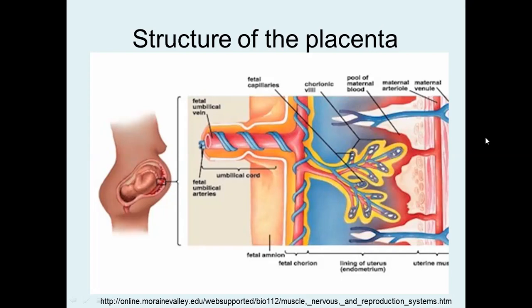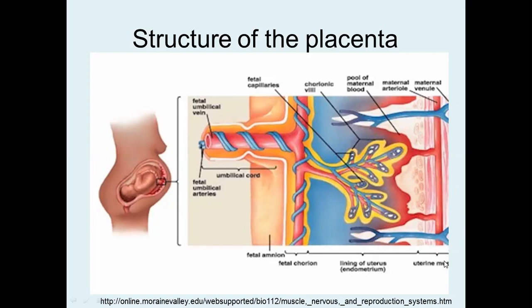So what you can see here is both maternal tissue on this side, and that obviously is the endometrium, the lining of the uterus, okay? And here, and I'm pointing down to stuff at the bottom, the muscle layer of the uterus.